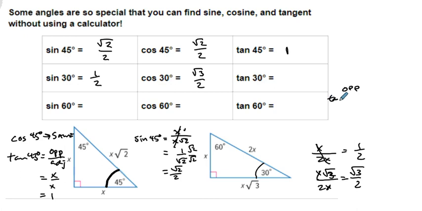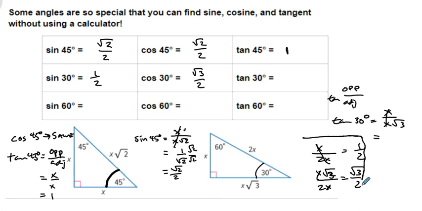Tangent is opposite over adjacent, and in this case, the tangent of 30 degrees. Well, the opposite is x over x times the square root of 3. So we're going to get another case where we have to rationalize something.